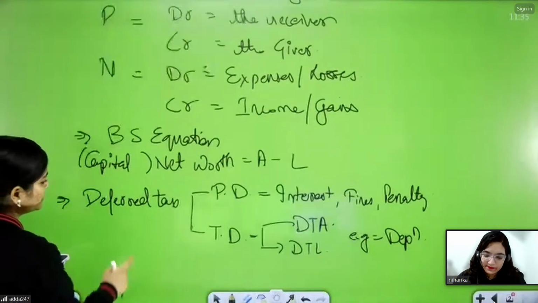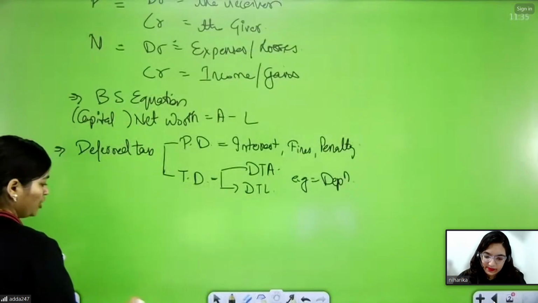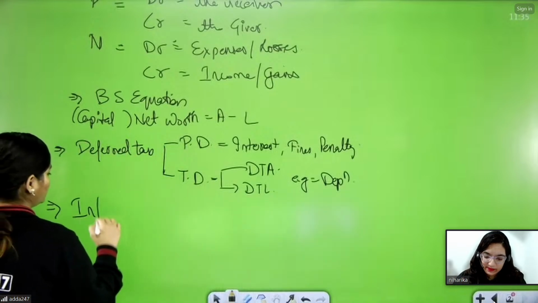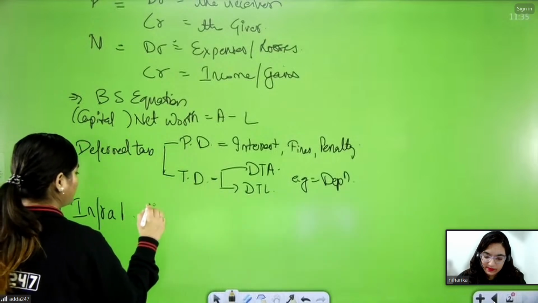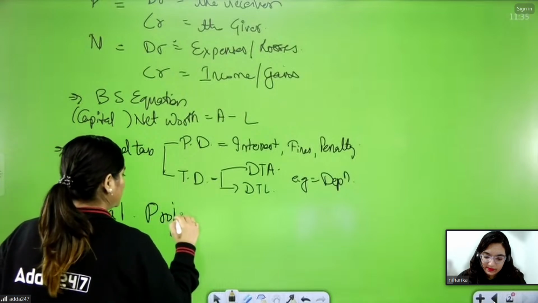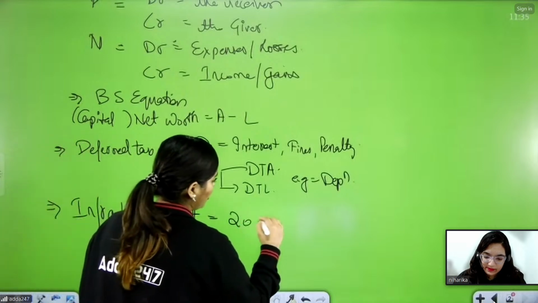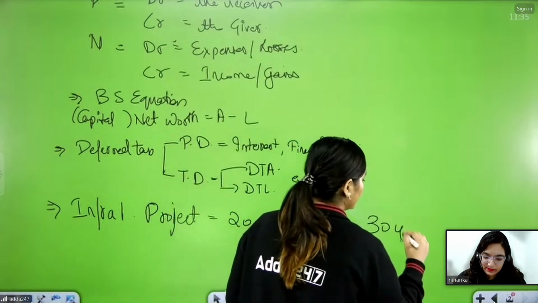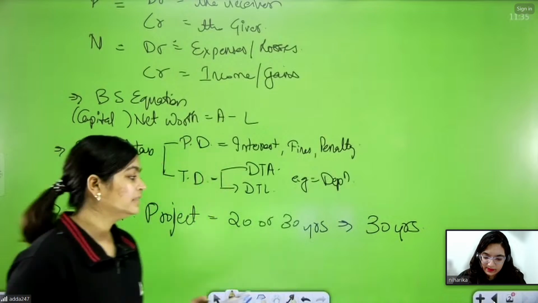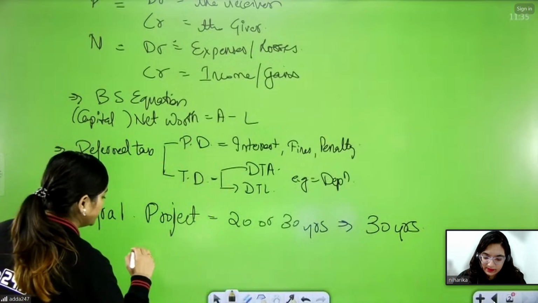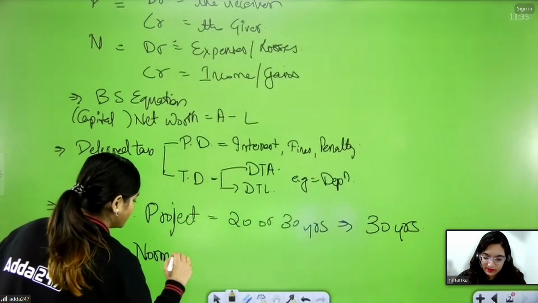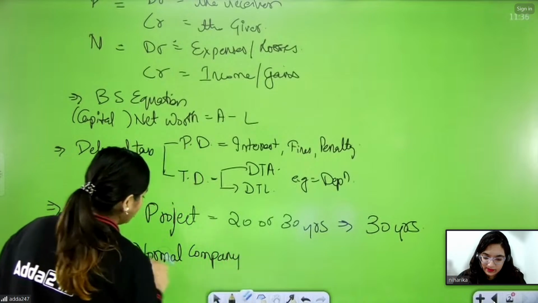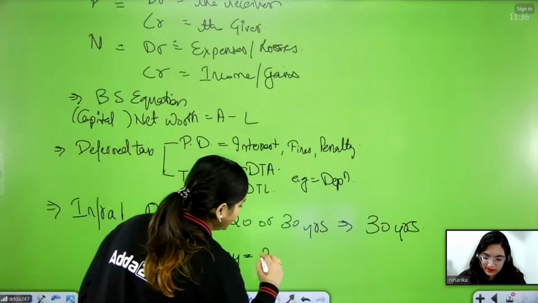Yes, one question from your infrastructure project. The life of the project is 20 or 30 years. For an infrastructure project, the life can extend to a maximum of 30 years. But if it is apart from infrastructure, like normal companies, then only 20 years.